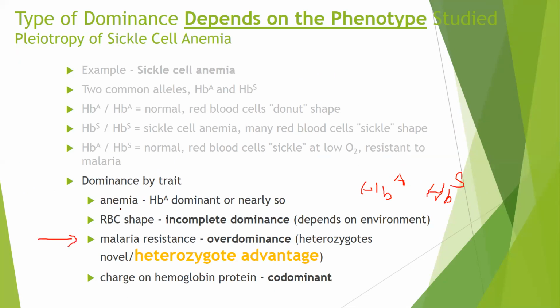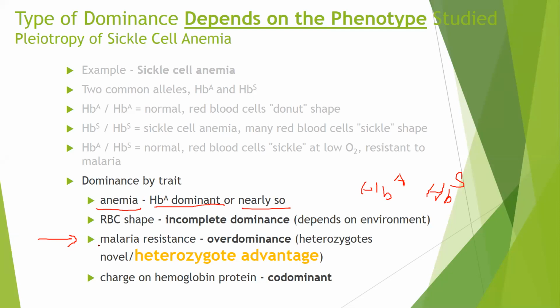So we have learned that for the anemia, the wild type is dominant in the normal situation. However, it will change when the environment changes, right?